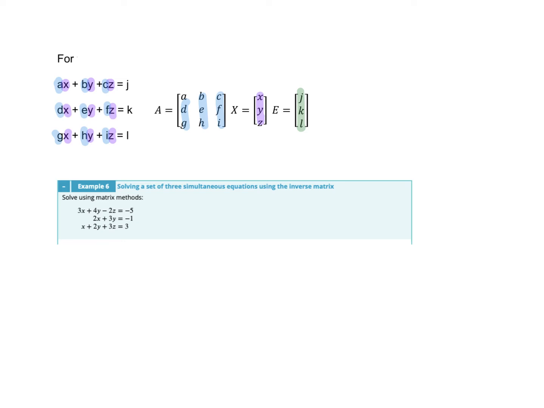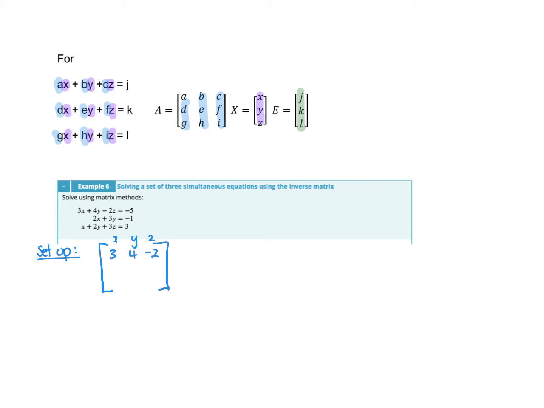So let's go and set it up. There are 3 equations there, and they're saying solve using matrix form. I'm going to show you the setup first. I'm going to do a 3 by 3 because I've got 3 unknowns. So I'm going to take all the numbers in front of x, y, and z. For the first equation, 3, 4, and -2.